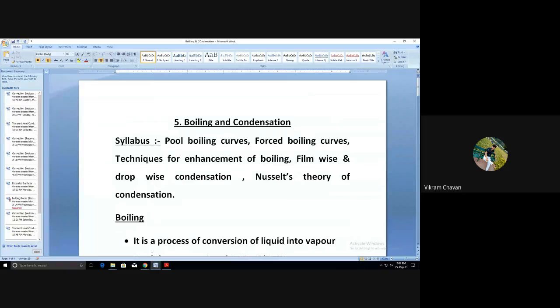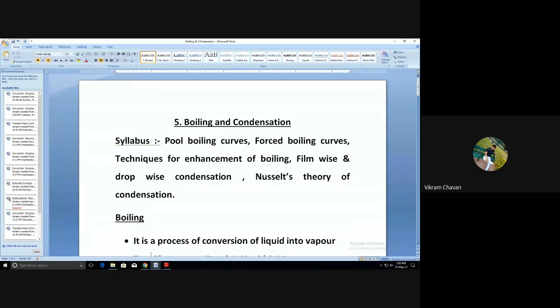At 100 degrees Celsius, if you add latent heat to the liquid, then that liquid will get evaporated. And if you remove the latent heat from the vapor at 100 degrees Celsius, then that vapor will get condensed and convert from the vapor state to the liquid state. So the difference is about the latent heat.